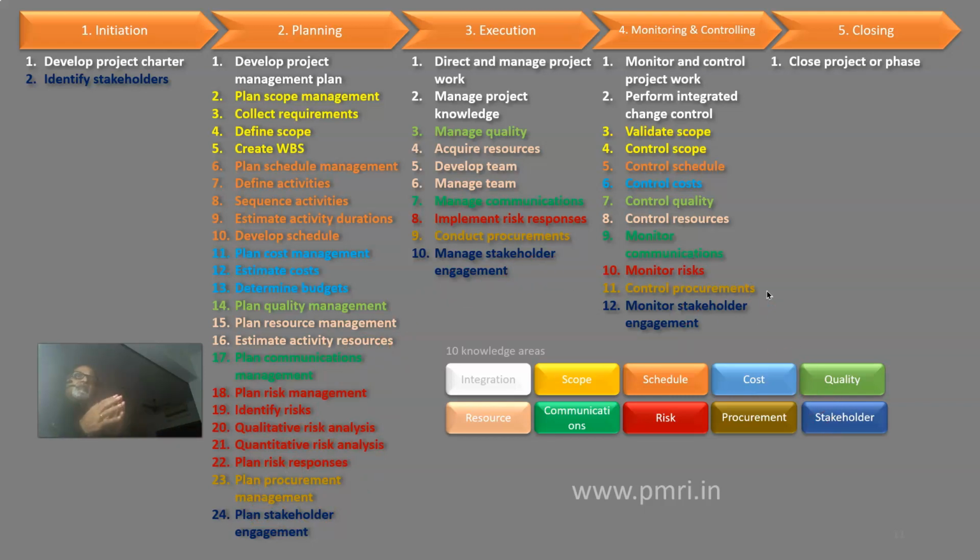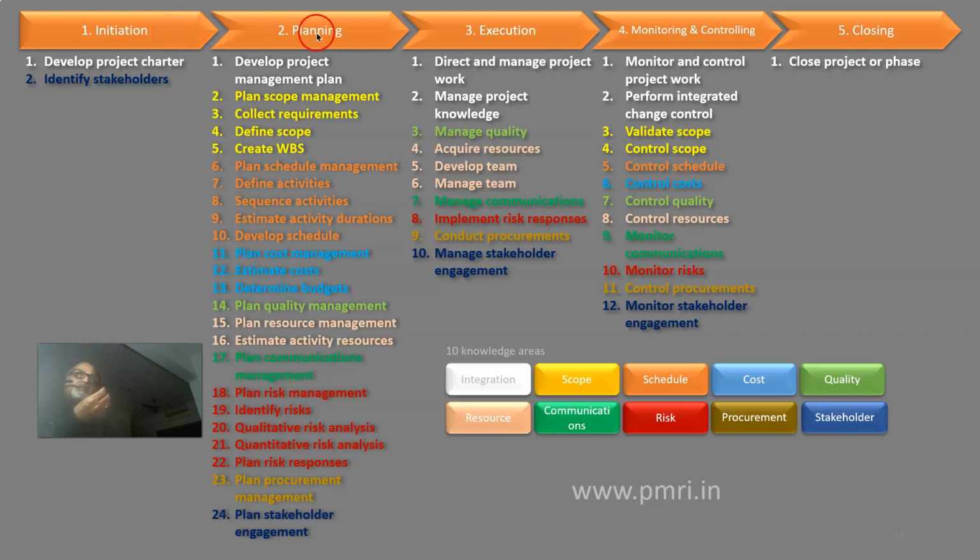So we discussed about the 5 process groups of initiation, planning, execution, monitoring and controlling, and closing. And we have 49 processes which can be grouped into these 5 process groups, as well as it can be grouped knowledge area wise as well. So my recommendation is to understand it process group wise, because it is easy to remember, as it gives a natural flow of a project, because every project has to be initiated.